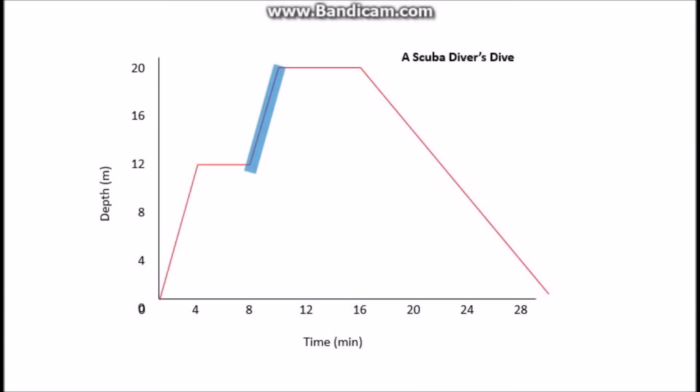Immediately following that, though, for the next 4-ish minutes, it looks like, oh, it's actually less than 4 minutes, it looks like the diver is continuing their dive, and they go an additional 8 meters, so they end up going 20 meters deep in total. And the slope of that line, so the direction that line is facing or moving in, is actually the same as our initial dive.